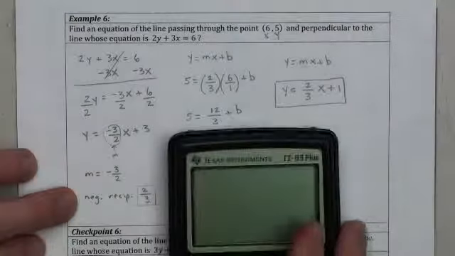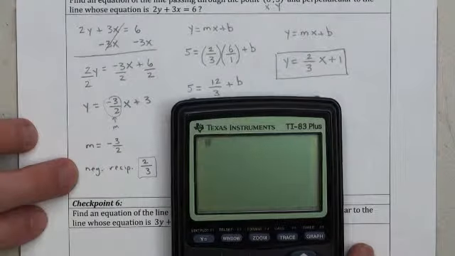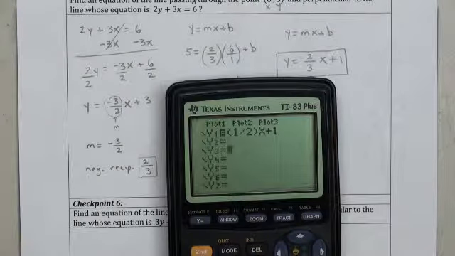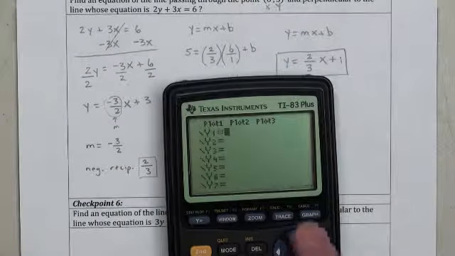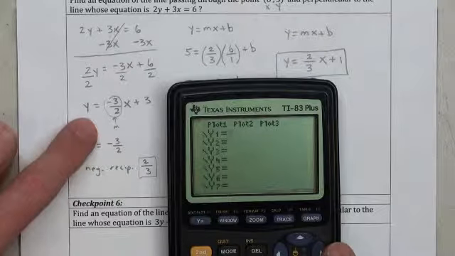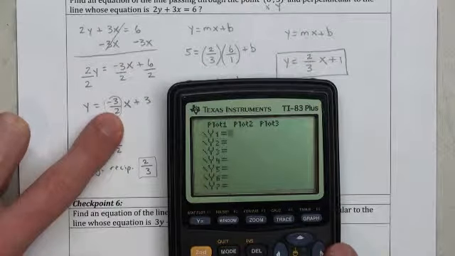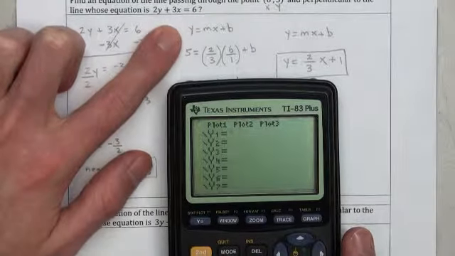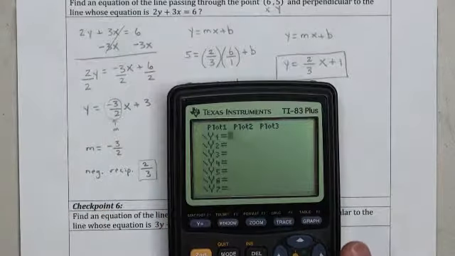Now let's see if this works out. Now, remember, I got to use the y equals mx plus b form, so I got to use this equation. I can't plug in the 2y plus 3x equals 6. You can't plug that in here.